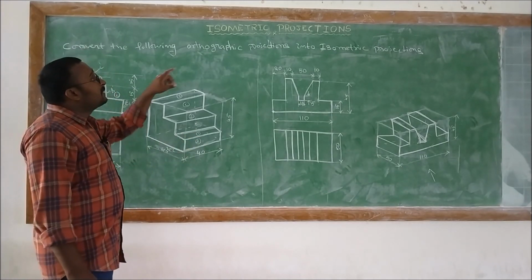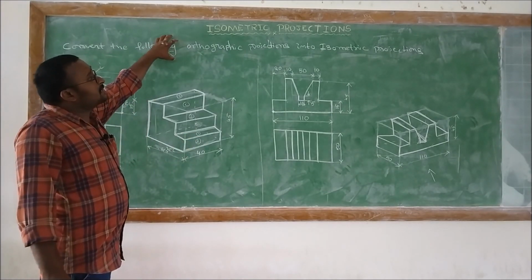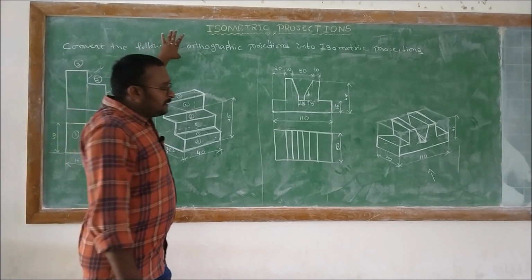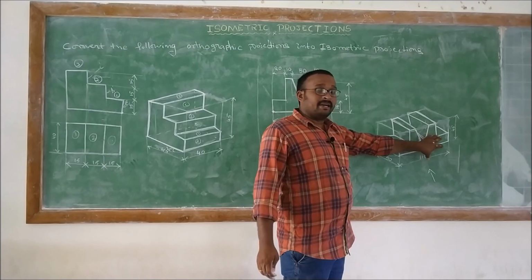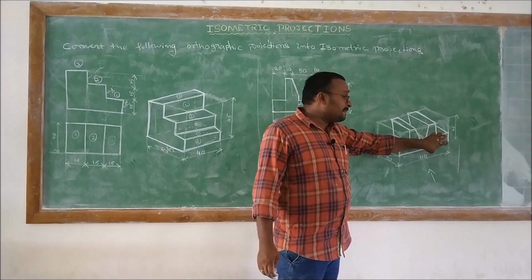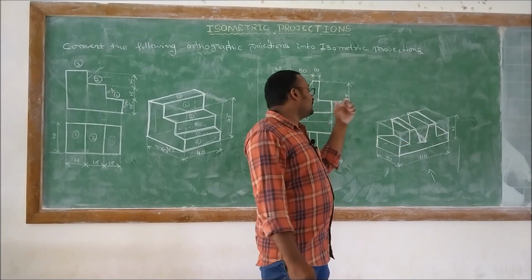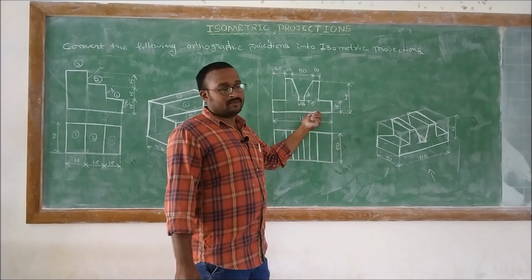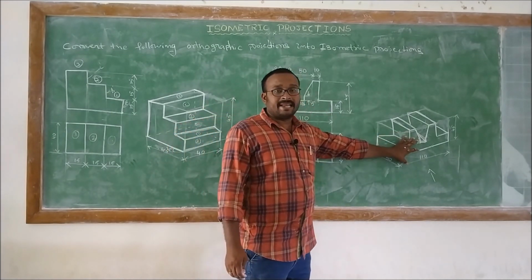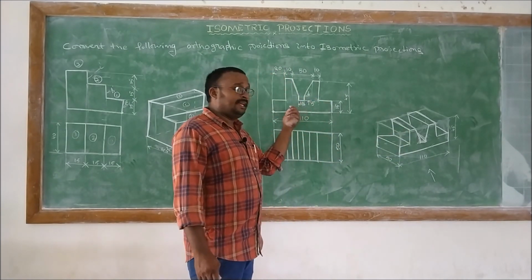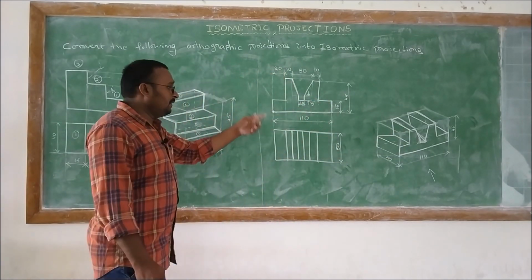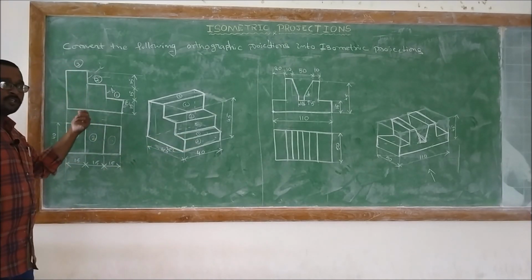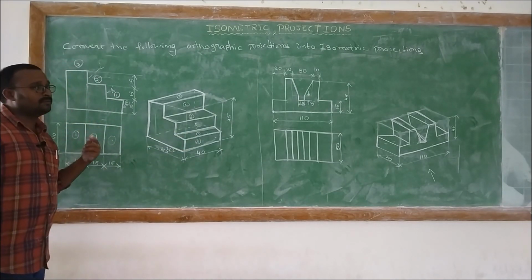Till now we discussed isometric projections, but sometimes they will give the isometric view. Based upon this isometric view, you need to draw the orthographic view, right? They will give this particular diagram and then we need to draw the front view and top view.